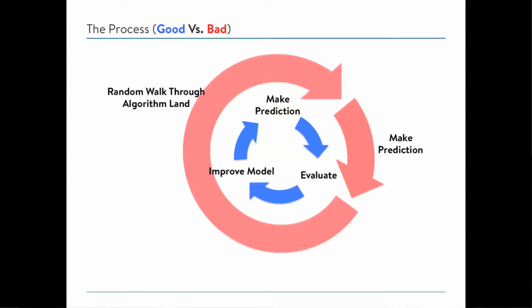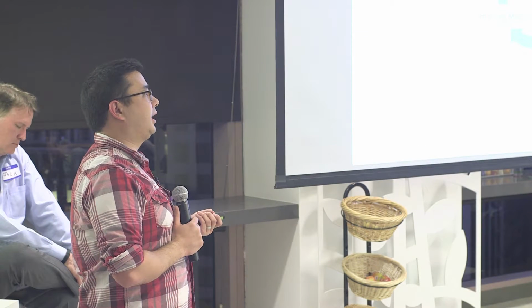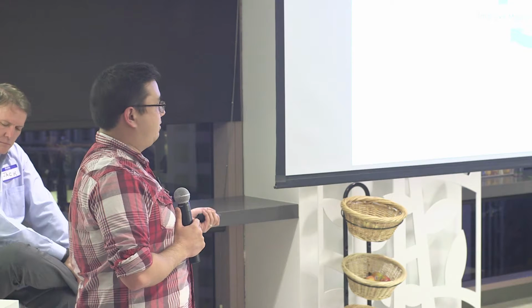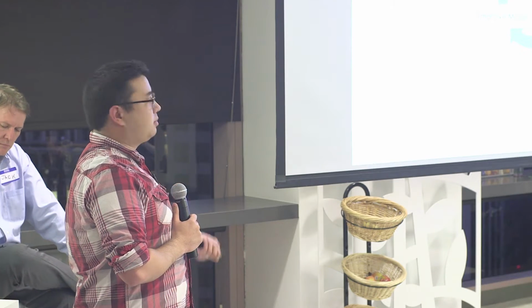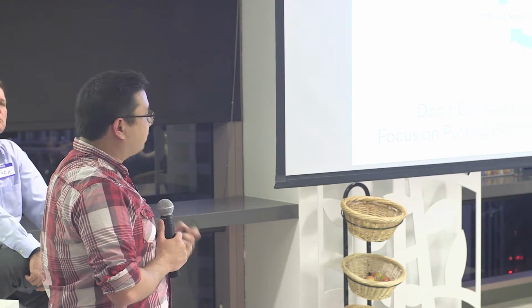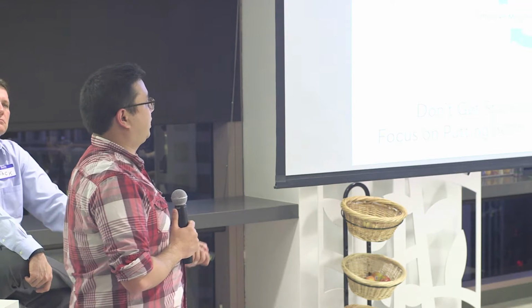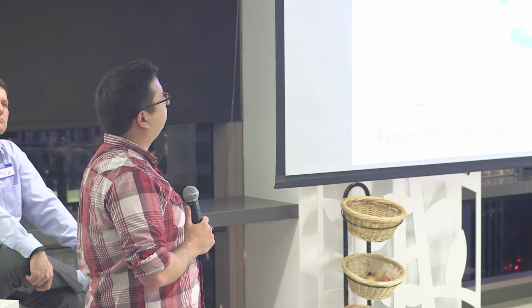I couldn't build really any sophisticated models. I think my computer at the time had something like 8 gigs of RAM, and I just used my home computer. I didn't do anything fancy, and so it was focusing on the data and not just how do I build some crazy neural net. So don't get stuck in algorithm land. Try to focus on putting better data into the algorithm.